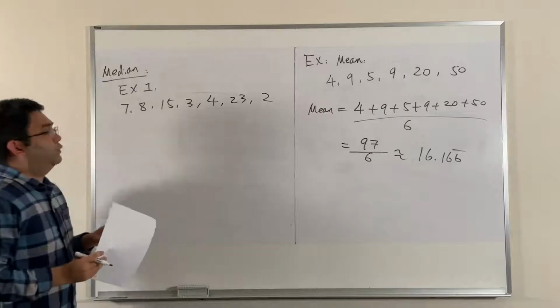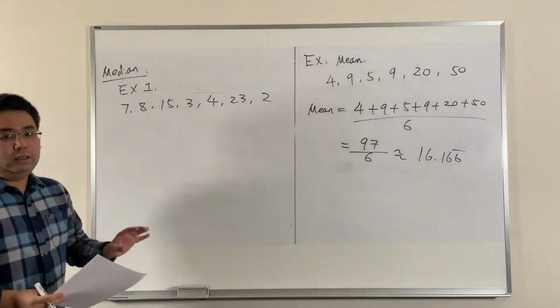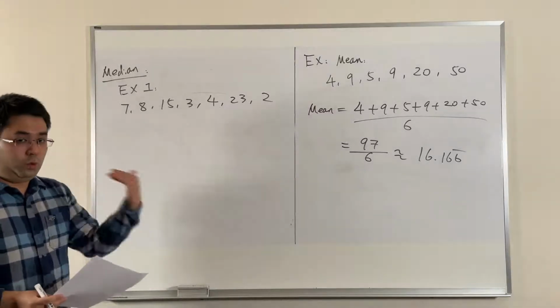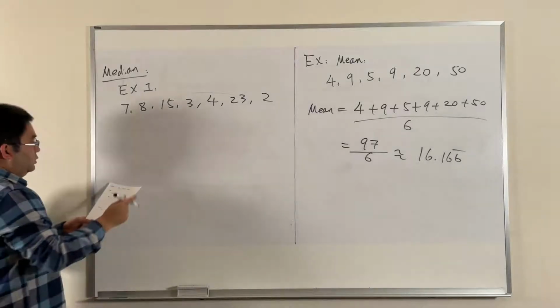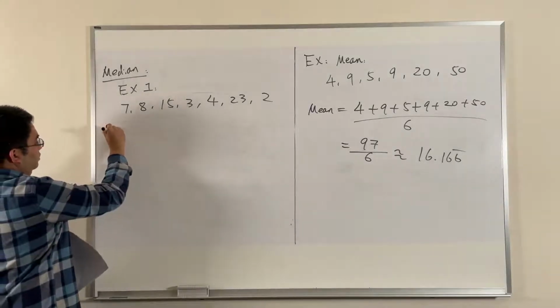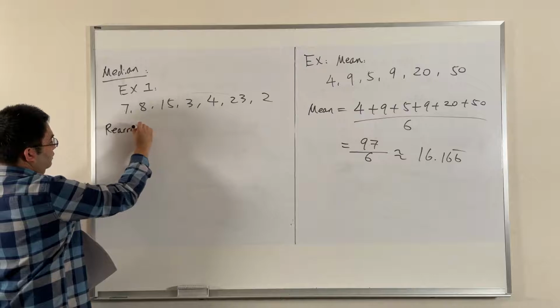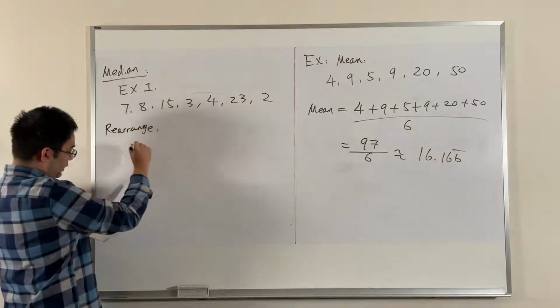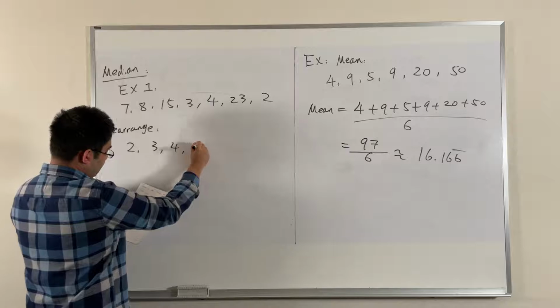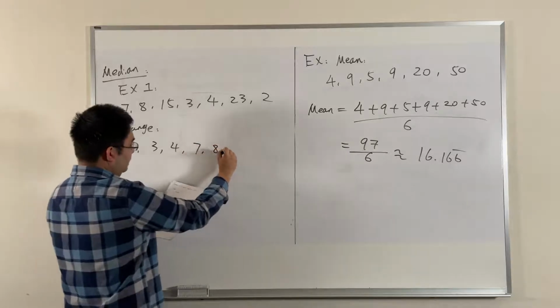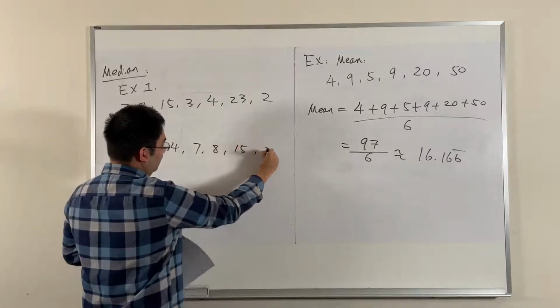For the median, it's always a good idea to rearrange them first, from the smallest number to the largest number. So I'm going to rearrange. We get 2, 3, 4, 7, 8, 15, and 23.